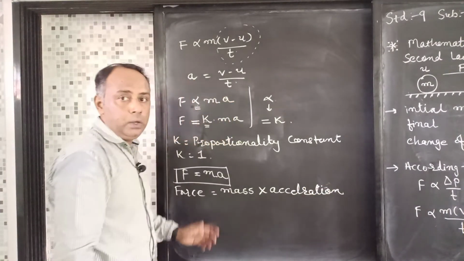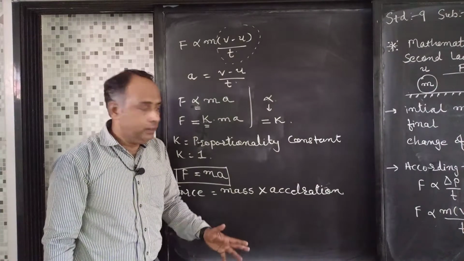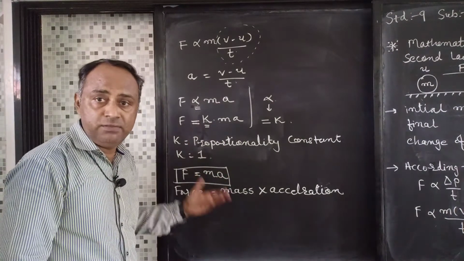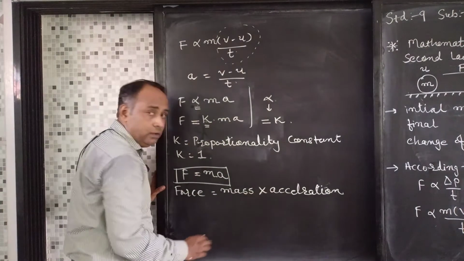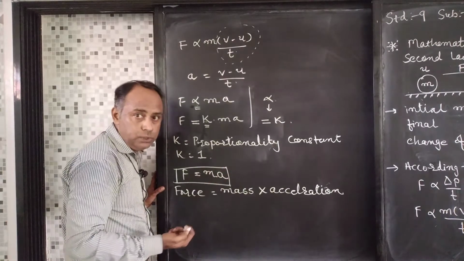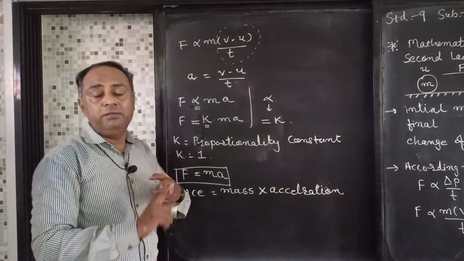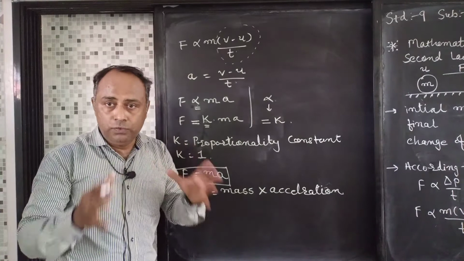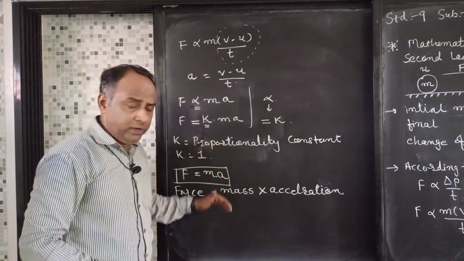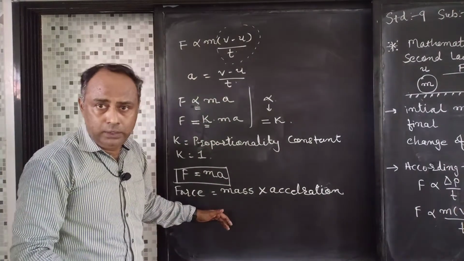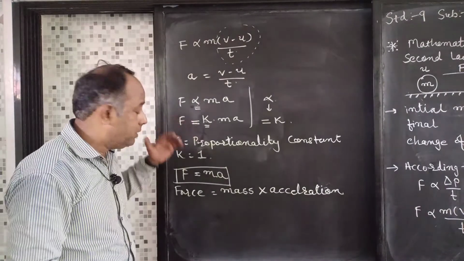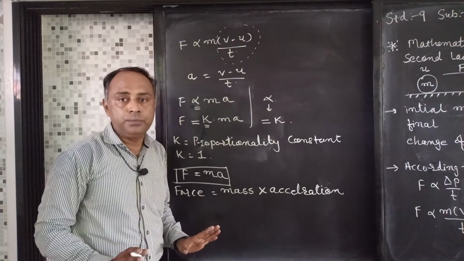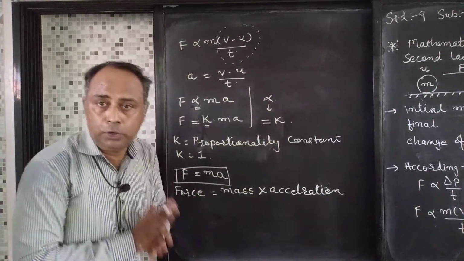So friends, I hope you will enjoy learning this, and it is very easy. Now we can derive its unit, and it is always very important, whenever you derive any formula or any new quantity in physics, to derive its unit at the same time so that you can conclude it properly.